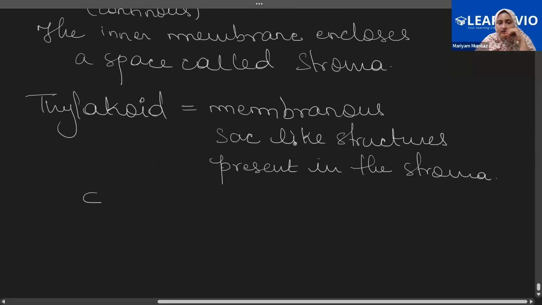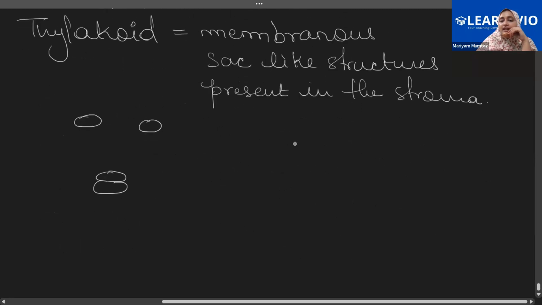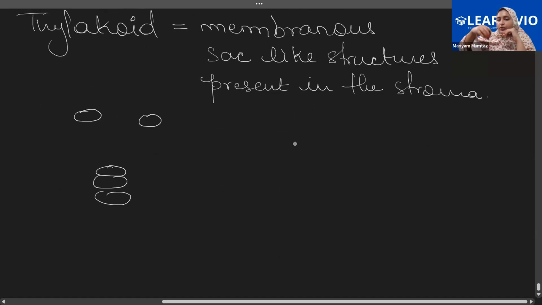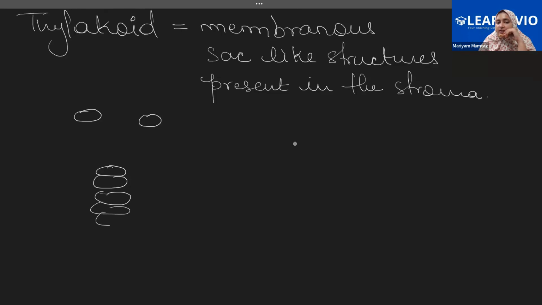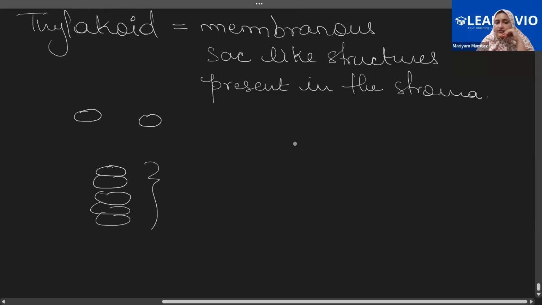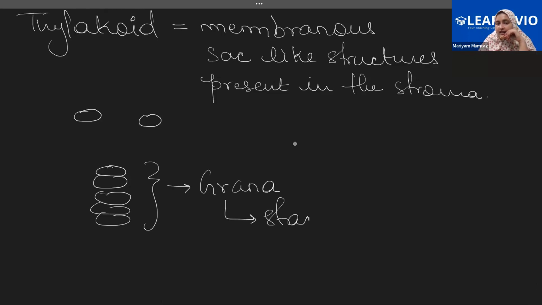Then these thylakoids, when they are stacked upon each other, just like how if you put coins over coins over coins, you make a stack of coins. Same way, when you make a stack of thylakoids, this structure is known as grana. Grana is the stack of thylakoids.